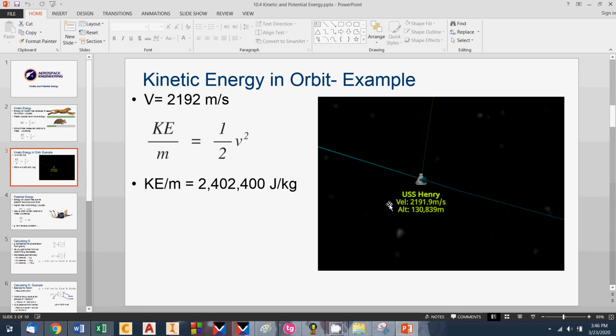And I don't know the mass of the ship, but I don't need it because I'm just going to say, what is our amount of kinetic energy per kilogram? I can take this number and plug it in. So I'll say 1/2 of 2192 squared. And that gives me about 2.4 million. And my unit here, since I'm looking at energy per mass, is going to be joules per kilogram.